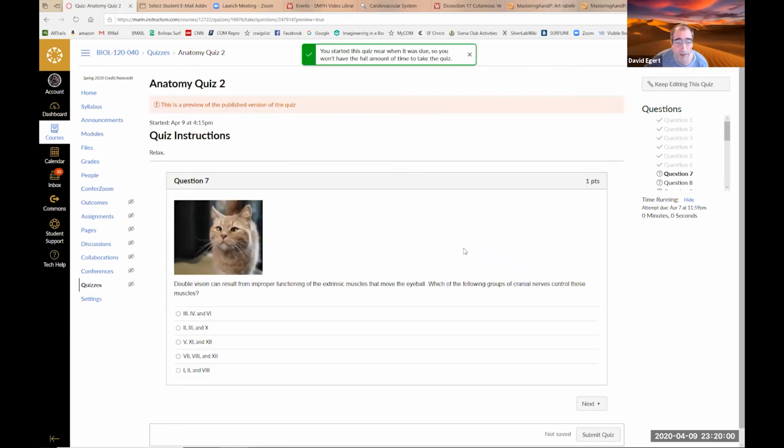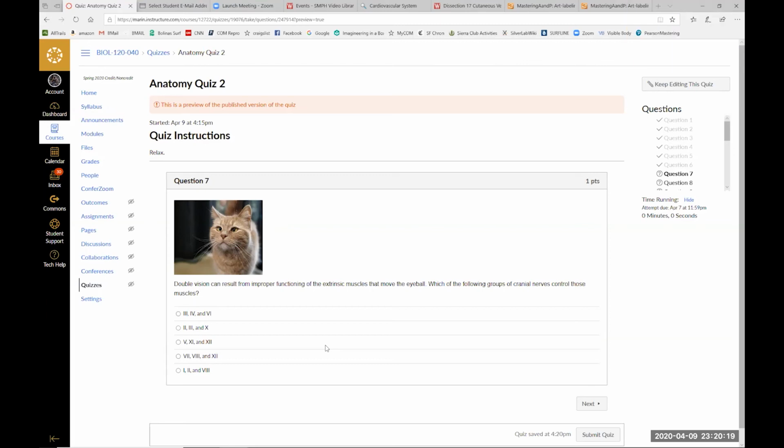I was pretty proud of myself for finding this picture here. Double vision can result from improper functioning of the extrinsic muscles that move your eyeball. So you just have to remember which cranial nerves control the muscles of the eyeball: 3, 4, and 6. Oculomotor, trochlear, and abducens.